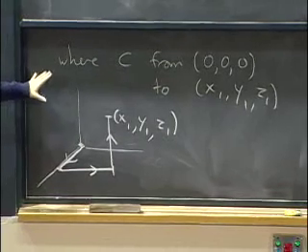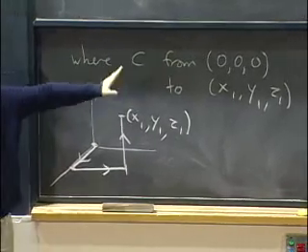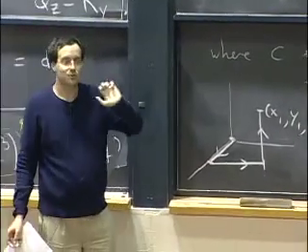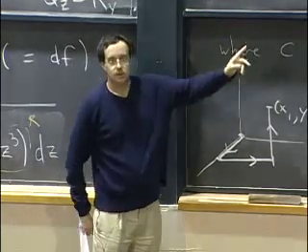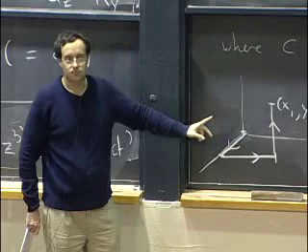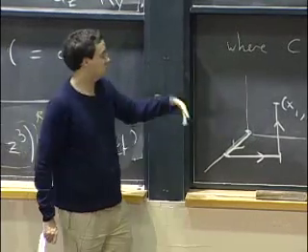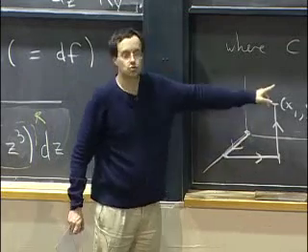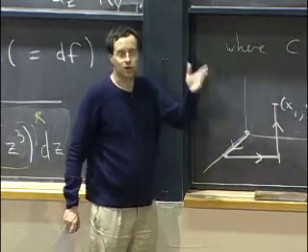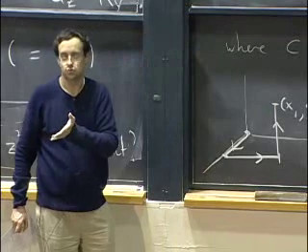Now I seem to recall that you guys mostly preferred the other method, so I'm going to tell you about the other method as well. But I just want to point out this one actually doesn't become more complicated. The other one has more steps. Of course, here there's also a bit more steps because you have 3 parts to your path instead of 2, so you have 3 line integrals to compute instead of 2.